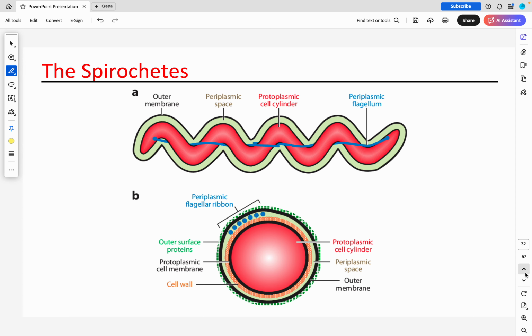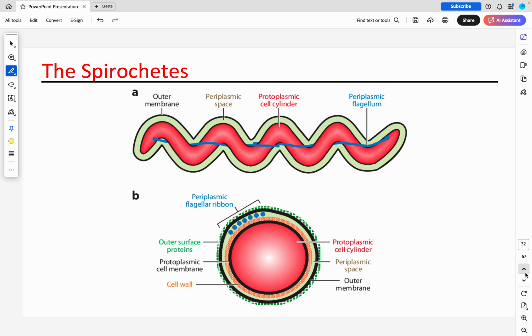Okay, so there's an outer membrane covering the cell. There's a periplasmic space in between the cell membrane of the cell and the outer membrane. Okay, the protoplasmic cell cylinder.